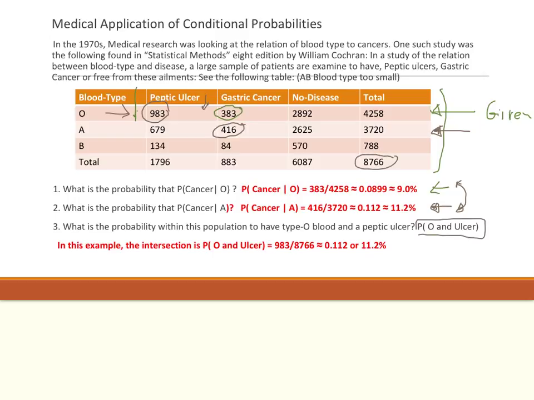The AND includes everybody. And so when we do that ratio, we get 11.2%. So for O-type blood, it's more common to have a peptic ulcer than gastric cancer.